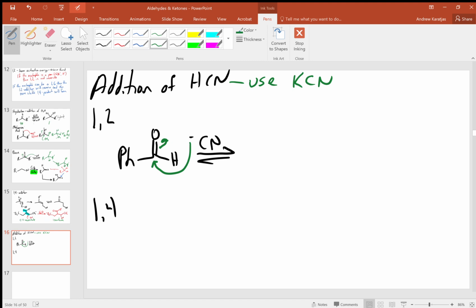And that's what, with the exception of amines in this chapter, that's what we're going to see, is that these 1,2 mechanisms are going to look the same over and over and over again. And then it protonates to form the product.